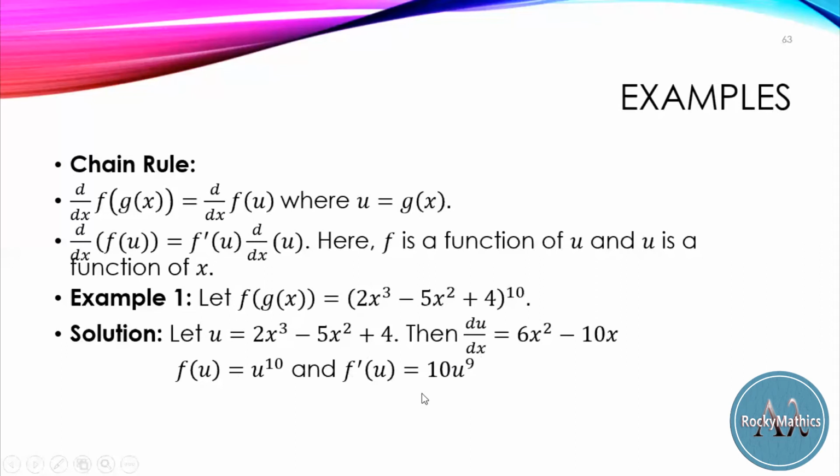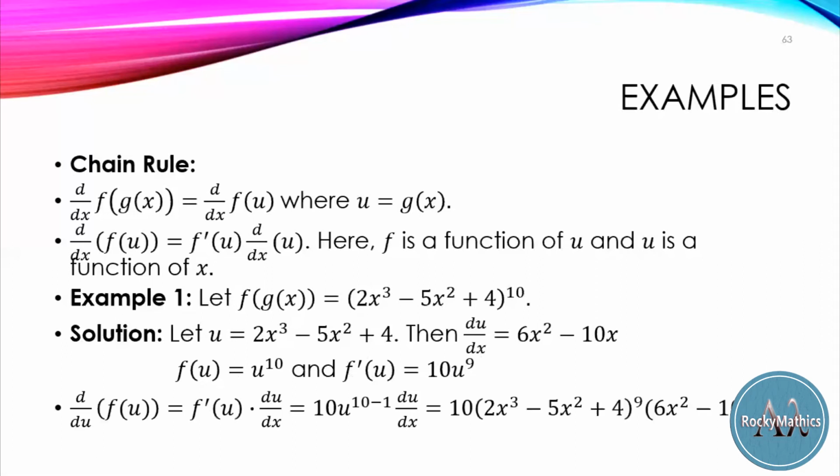Okay? So to finally answer the problem, to find the derivative of f of u now, we use this formula. We already have the f prime of u and the du dx, right? So what is our f prime of u? This is 10u raised to 10 minus 1 times du dx.